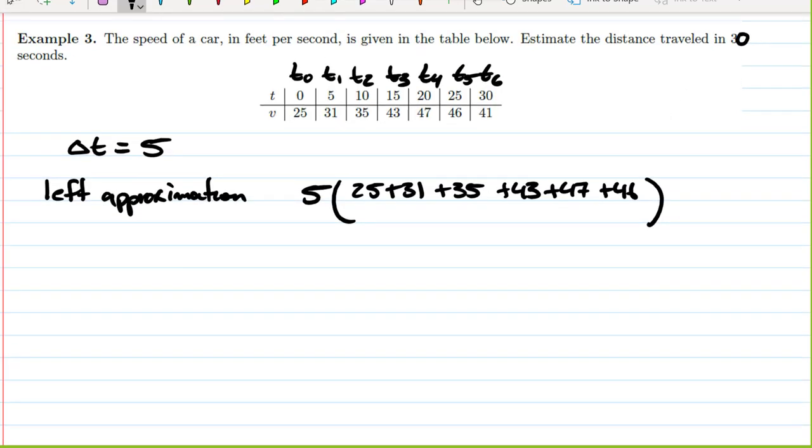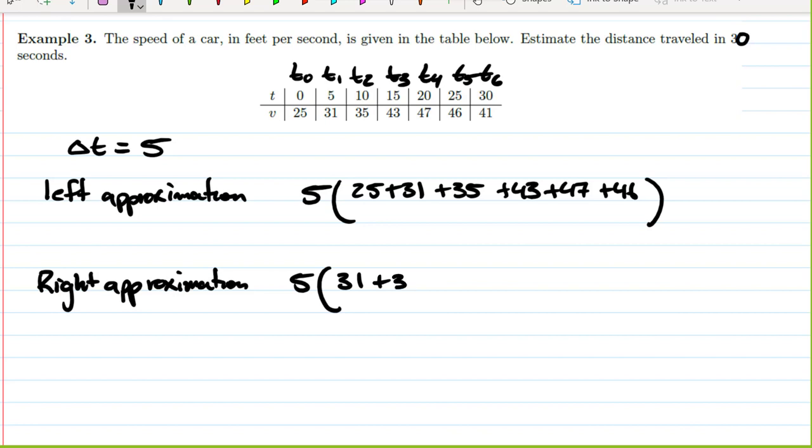And then my right approximation is going to be the same thing, but I don't start at 25. I go 31 plus 35 plus 43 plus 47 plus 46 plus 41.